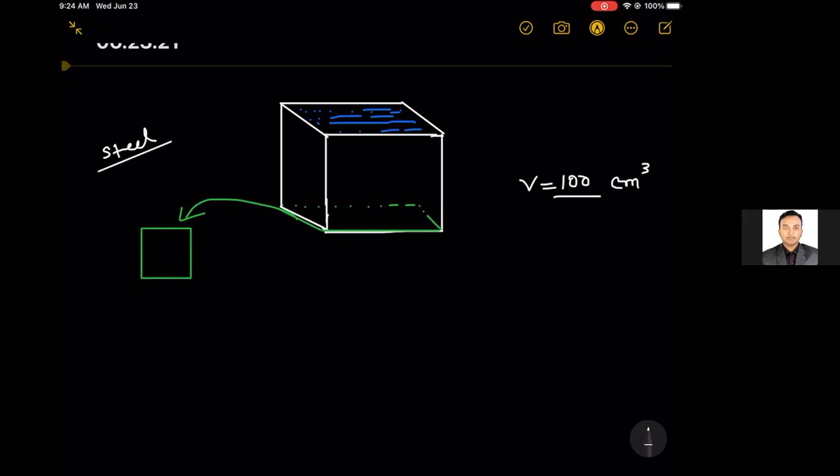Now we need to find the dimensions of the tank that has the minimum surface area. We're trying to find the dimensions of the tank that has the minimum surface area.